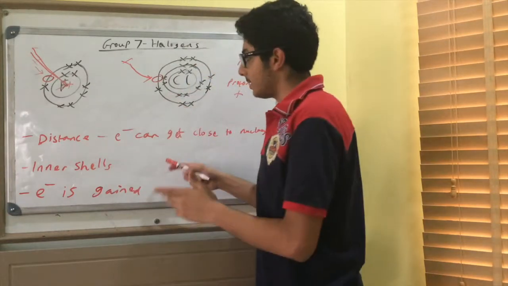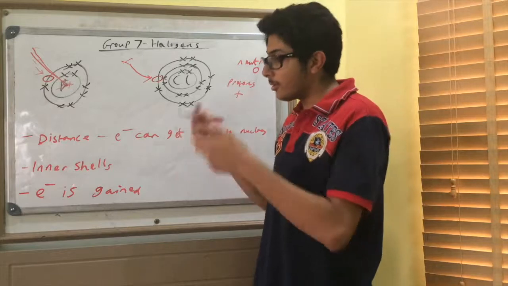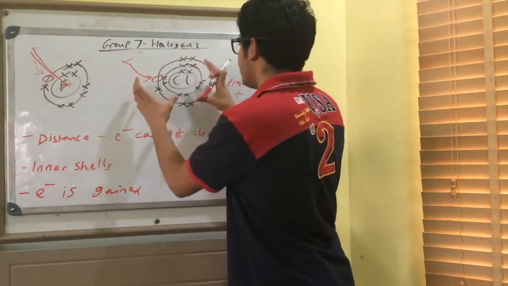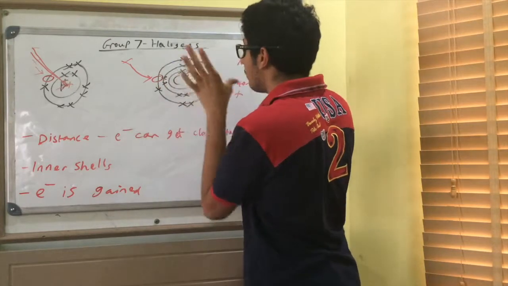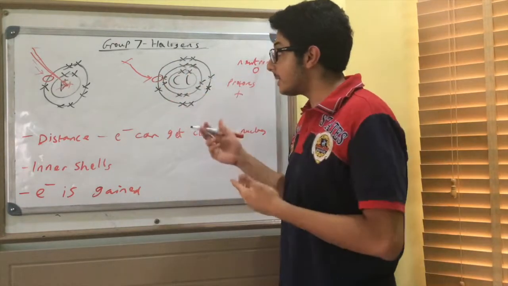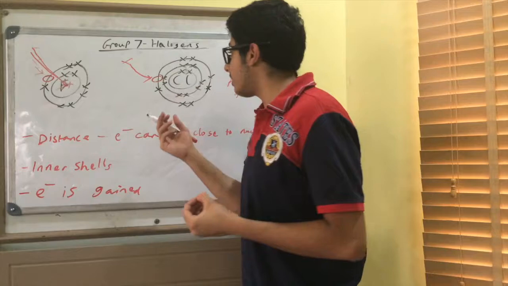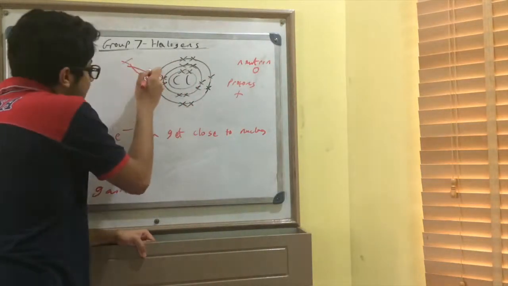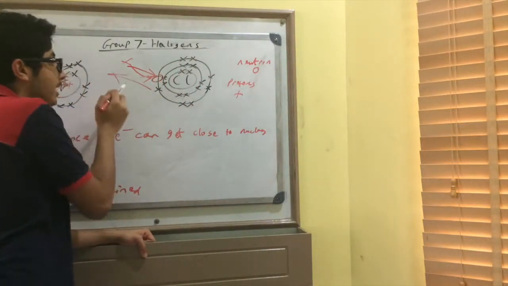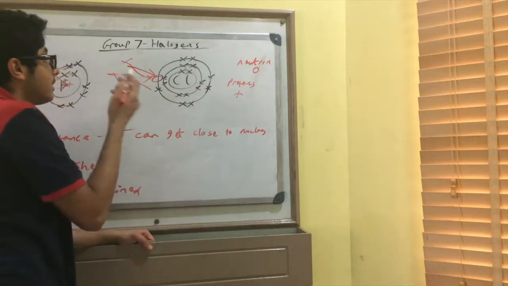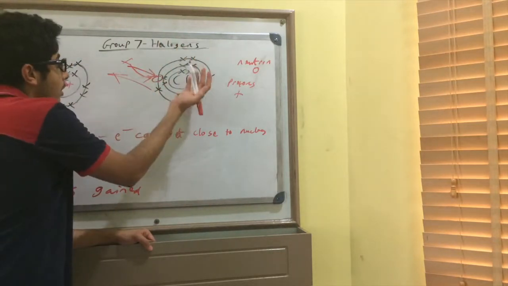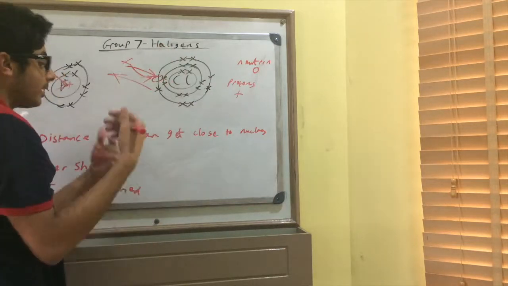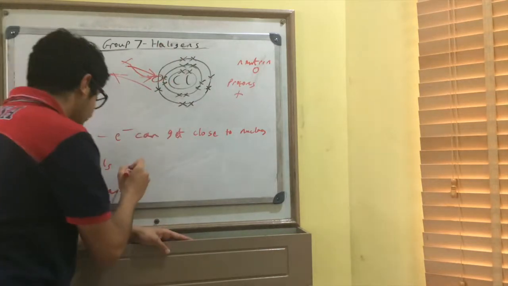Inner shells, like what we talked about before, repulsion. There is more repulsion as you go down the group because there are more inner shells, more shielding. In this case, it's a bad thing because you want to gain this electron, not push it away like in group 1. And so there's more repulsion of the electrons with that electron. And so it's harder to gain.